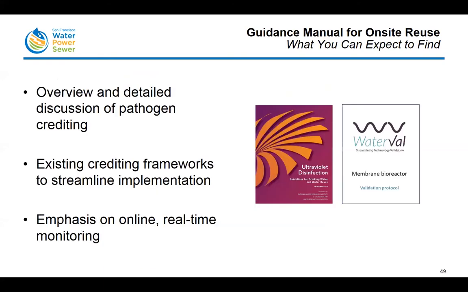So again, it discusses an overview and detailed discussion of pathogen crediting. It discusses how existing crediting frameworks can streamline its implementation. And the emphasis is really on online real-time monitoring.